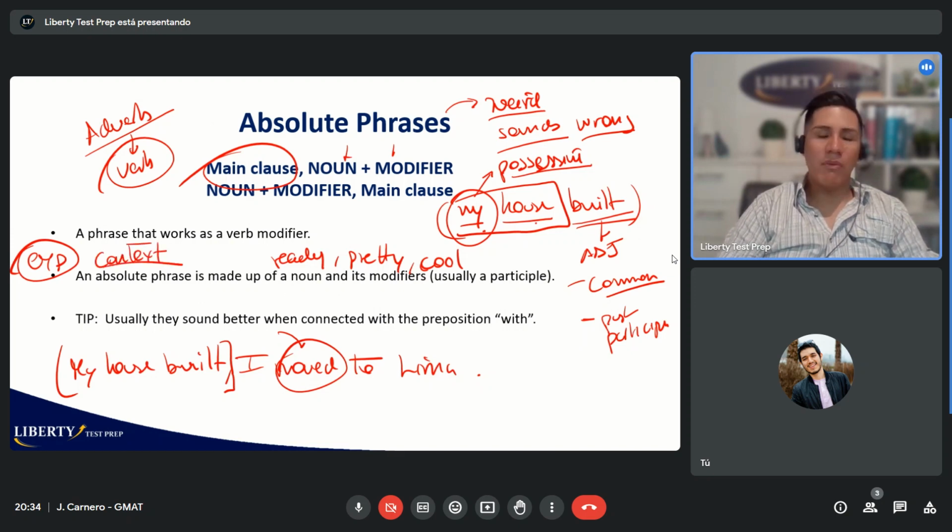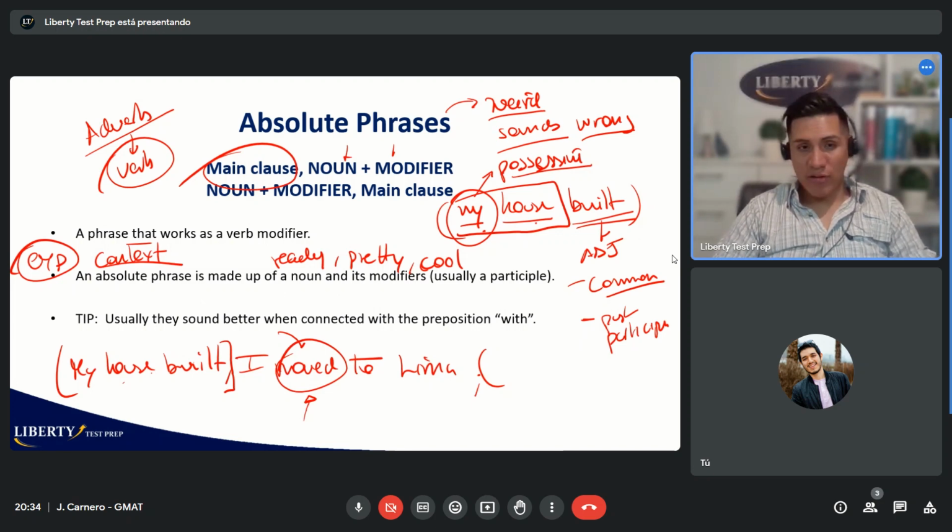Context means something that happened before the action. So my house being built happened before I moved to Lima. That's fine, because once my house was built, I moved to Lima. You could also put it at the end: I moved to Lima, my house built, always with a comma.